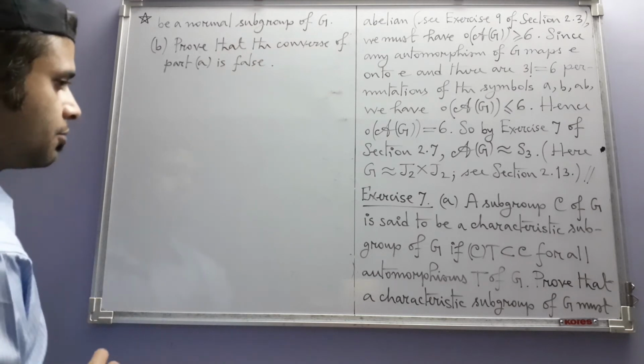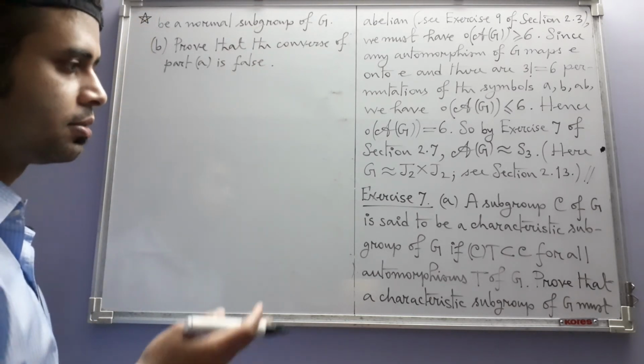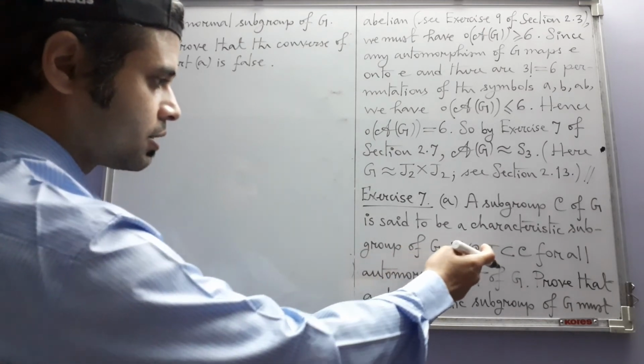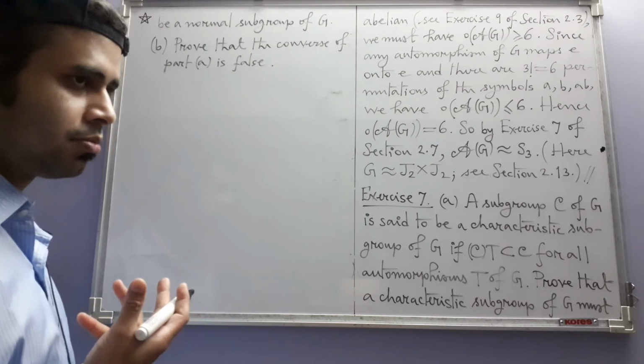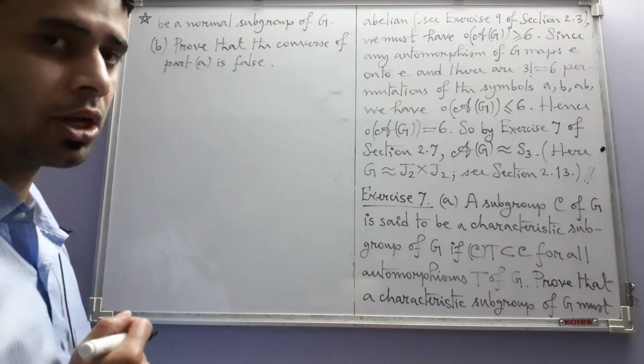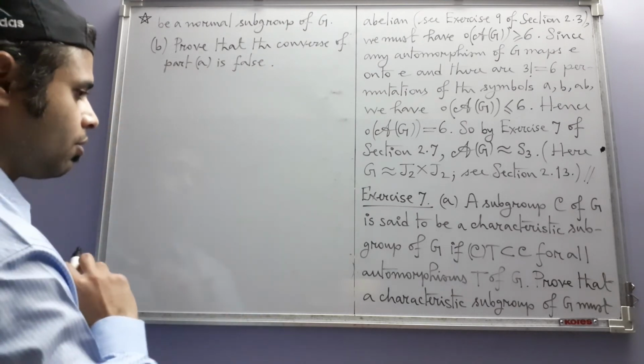Every normal subgroup is not a characteristic subgroup. Understandably, because the condition for a subgroup to be characteristic is much stronger than normality. Something has to happen for all automorphisms.